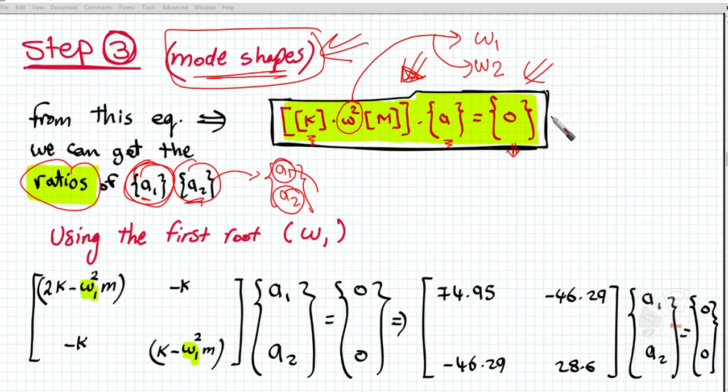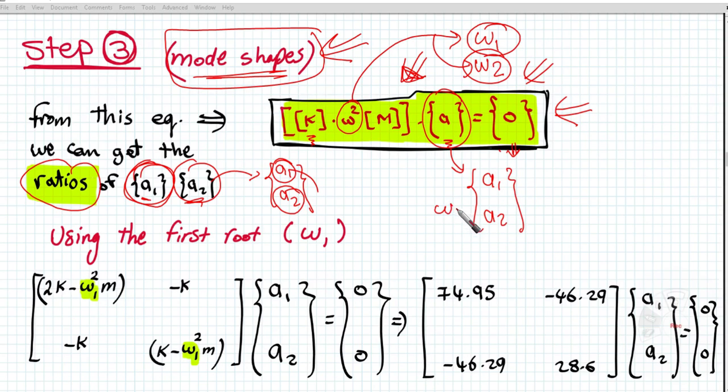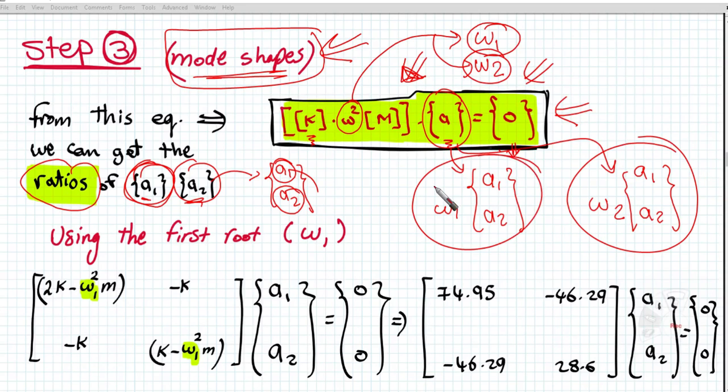So we are going to repeat the solution of this equation two times, substituting omega 1 and omega 2, and we are going to obtain two different A. A1, A2 will be associated with omega 1, and we will also have another A1 and A2, totally different, associated with omega 2. So we have two different mode shapes because we have two different frequencies.